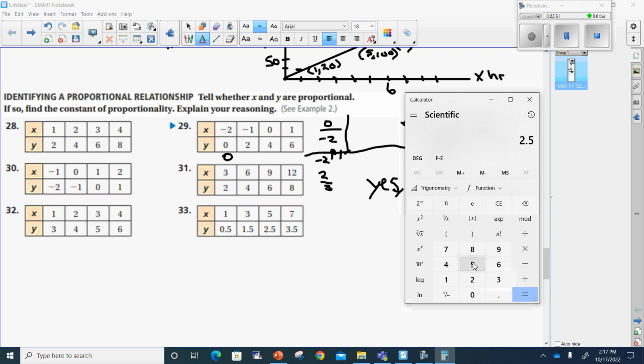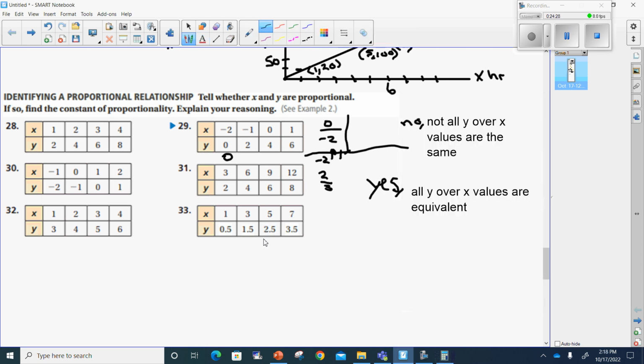2.5 divided by 5. That's 1.25. So let's see. Let's try to remember here. This was 2.5 divided by, oh, I put it by 2. Look at that. Okay, 2.5 divided by 5. That's 0.5 as well. Now 3.5 divided by 7. 0.5.